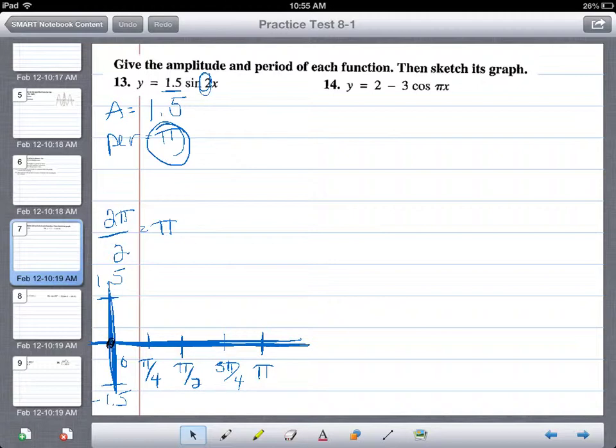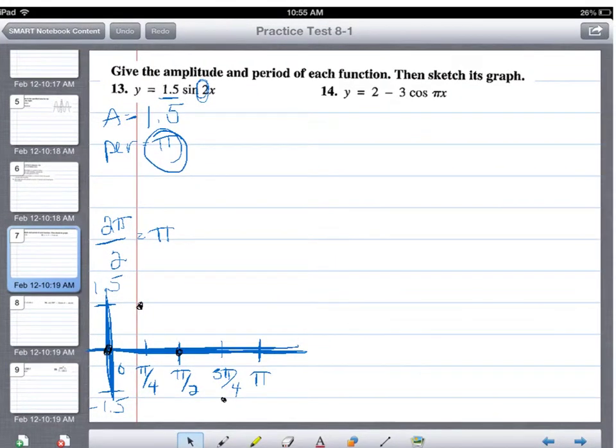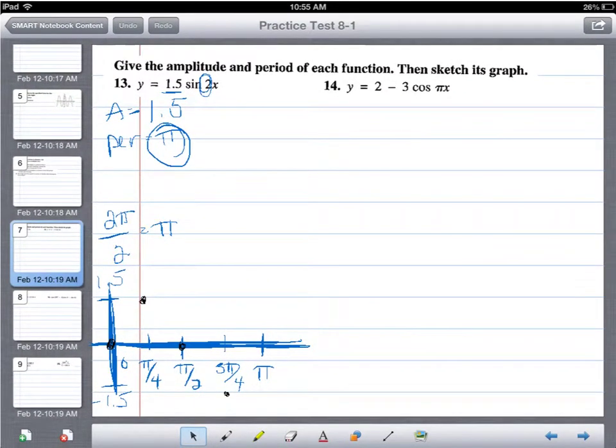We are going to peak at the first action point, cross at the next action point, bottom of the valley at the third action point, and then we will go back up to ground level at the fourth action point. So here's what my sine curve is looking like, just like that.